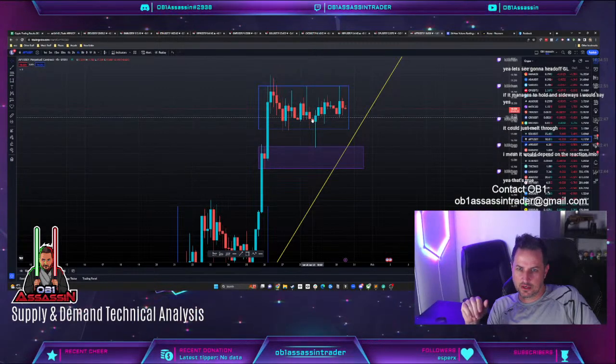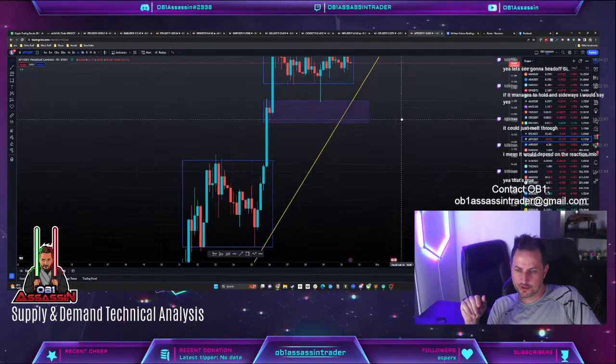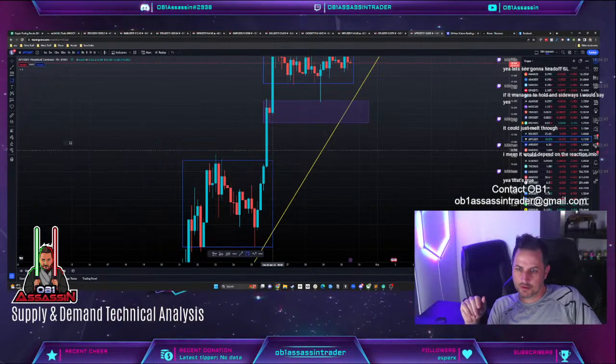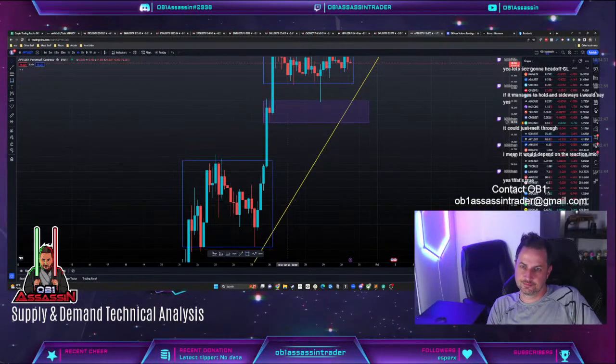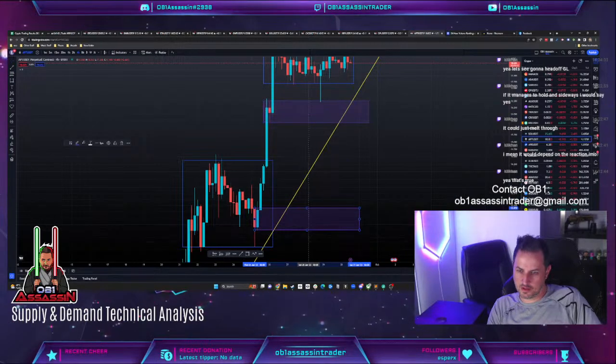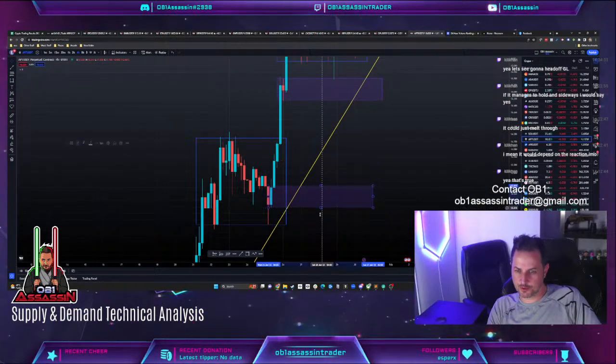And that also mitigated that order block right there, so that's not really useful. We do have a lovely order block down here. That is unlikely to get touched again, but it's there for the future.